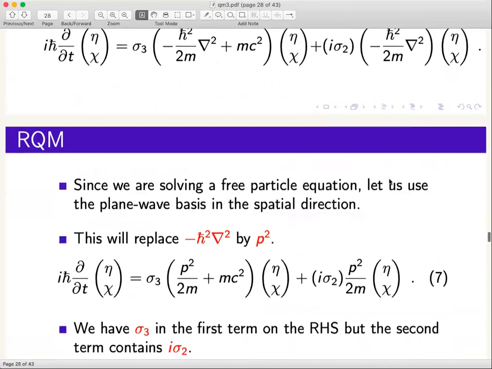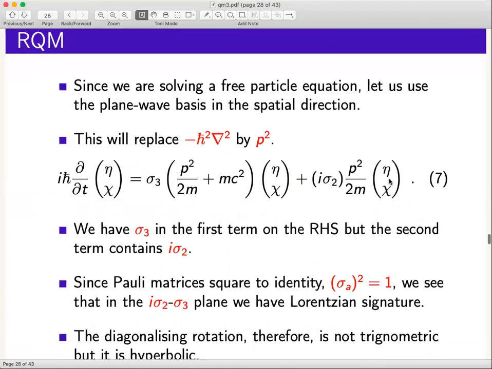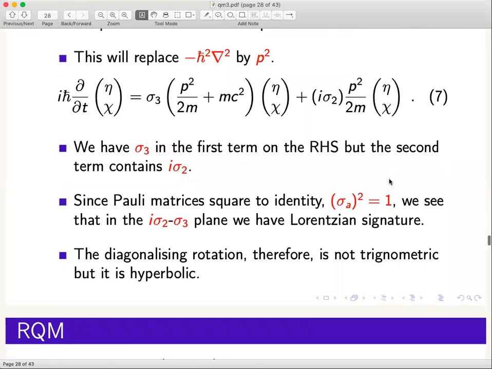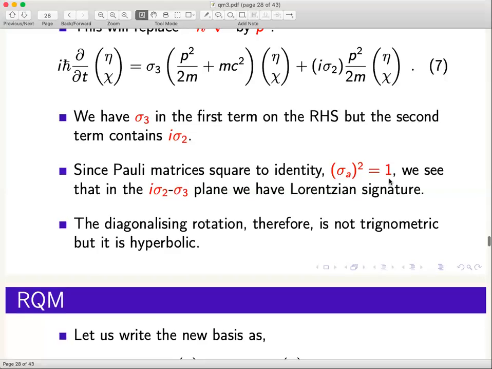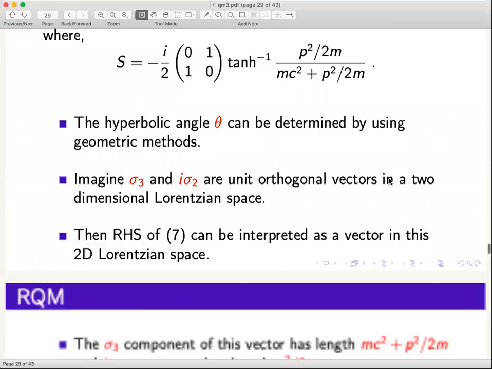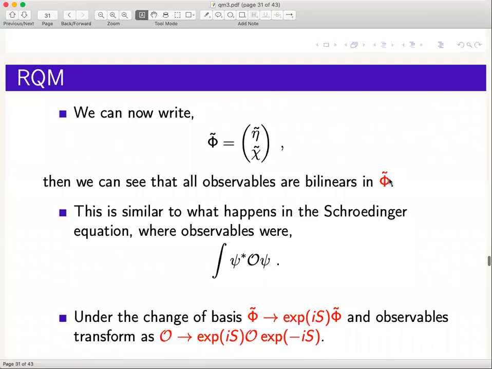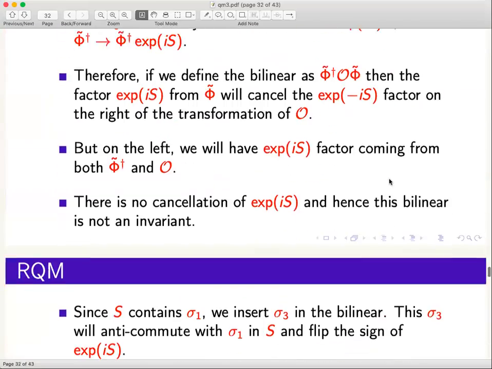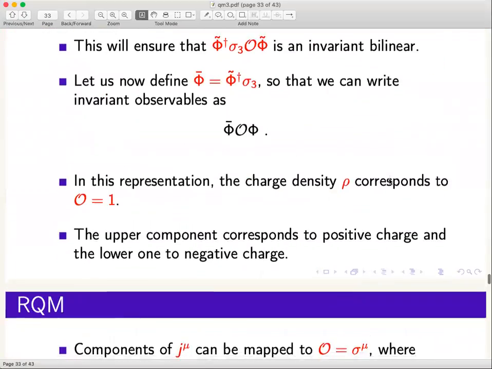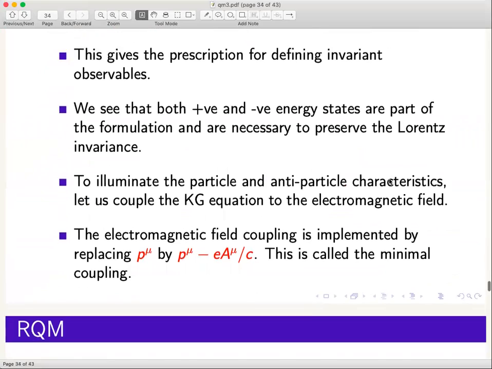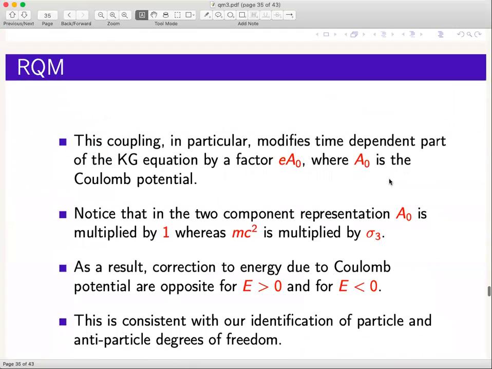So I think we are close to the end of the class. What we'll do is set up this problem in the two component formulation and try to see how we would go about solving it.